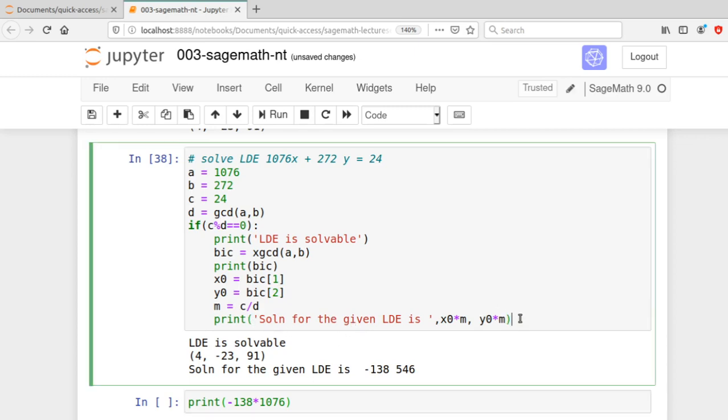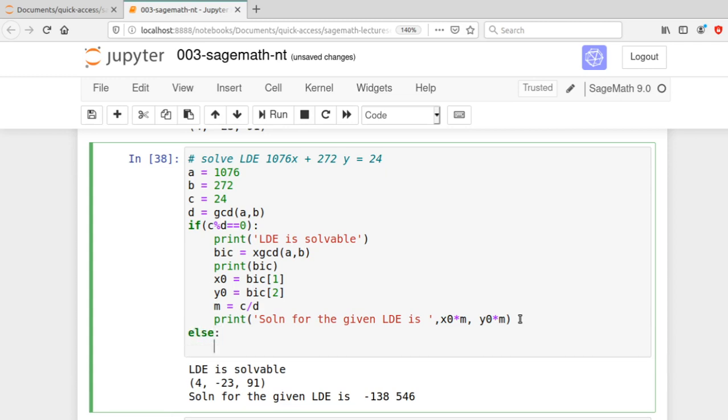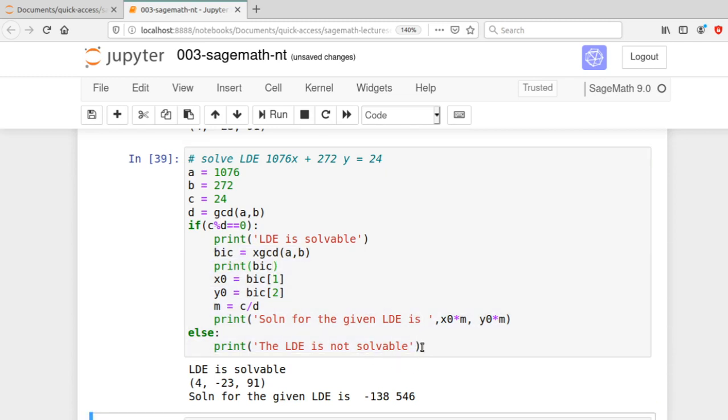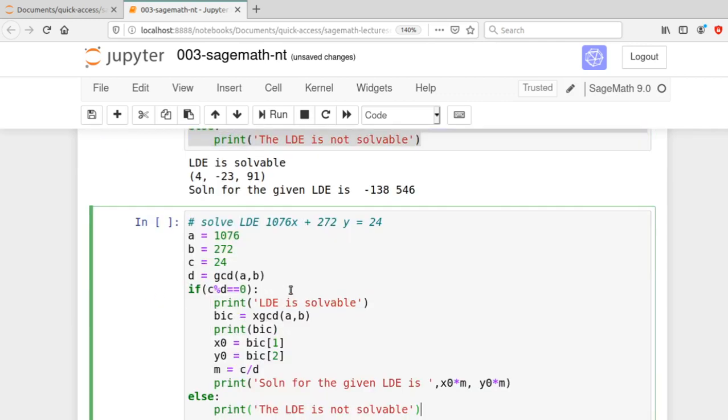But now, if the GCD is not dividing C, then we need to print else that the LDE is not solvable. So for example, in this case it is solvable. Now suppose that otherwise we are considering a non-multiple of 4, suppose that we put it as 21.